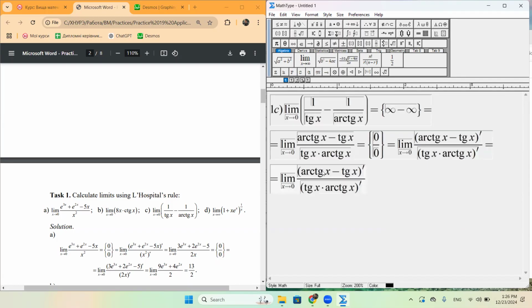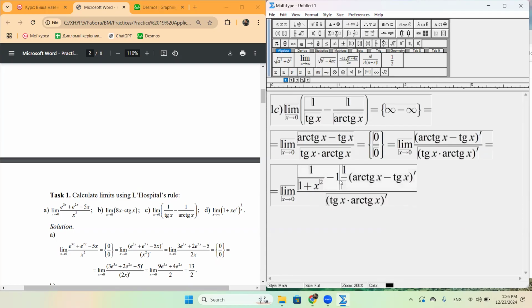Firstly, the numerator: 1 divided by 1 plus x square minus 1 divided by cosine square of x. Done with the numerator, and now we need to calculate a derivative of a product, which is not such a pleasant action, but we have to.